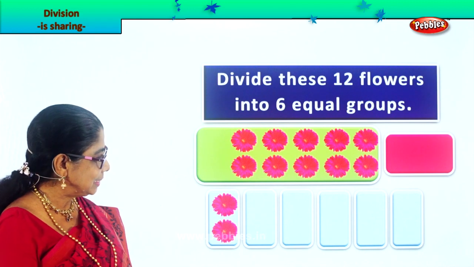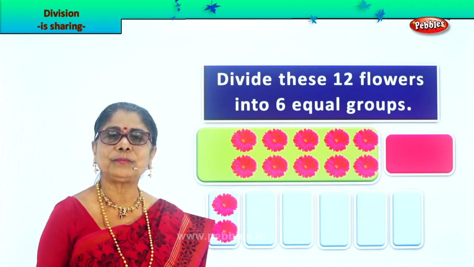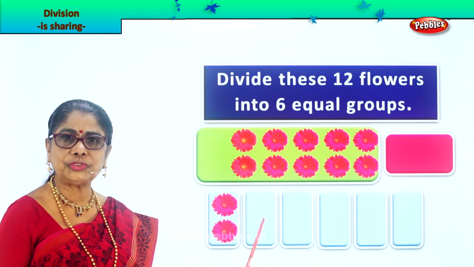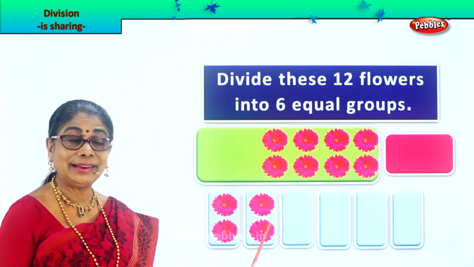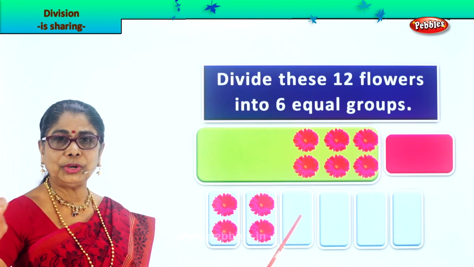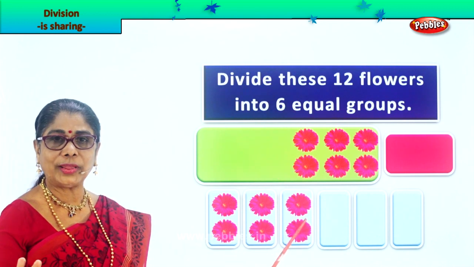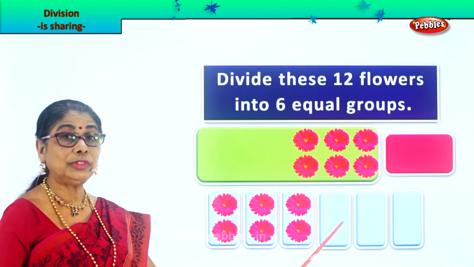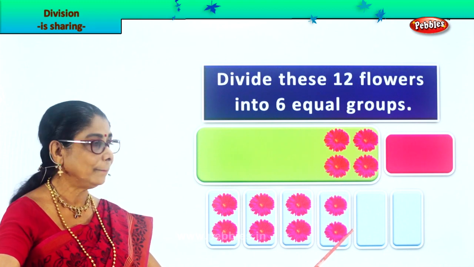Lovely it looks, isn't it? Good. Next, let's take another 2 and put them into this tray. Good. Next, we take these 2 and put them into the third tray. And then these 2 into the fourth tray.